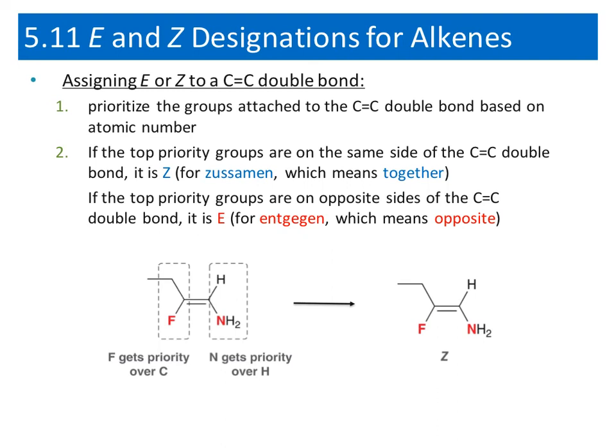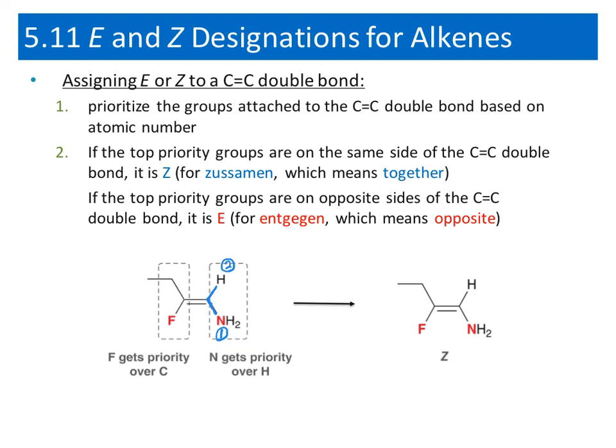So the first step is to prioritize the groups attached to the carbon-carbon double bond based on the atomic number. So let's look at this structure. This carbon right here has 2 groups attached to it. So between these 2 groups, nitrogen gets number 1 and hydrogen gets number 2. Nitrogen is the priority here.